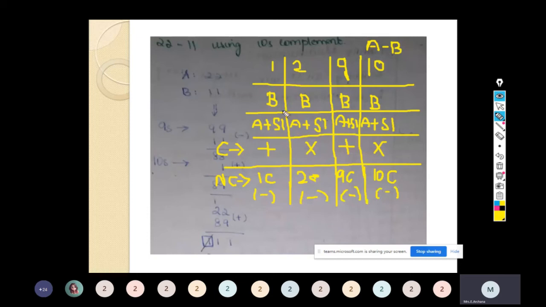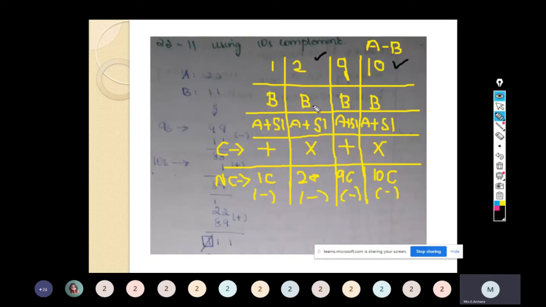So the 1's and 9's complement have the same procedure. See here, B's 1's complement, 9's complement. A plus step 1 result, A plus step 1 result. We are going to add the carry. If there is no carry, take the complement and put a negative sign. Like this, 2's and 10's complement have the same procedure.